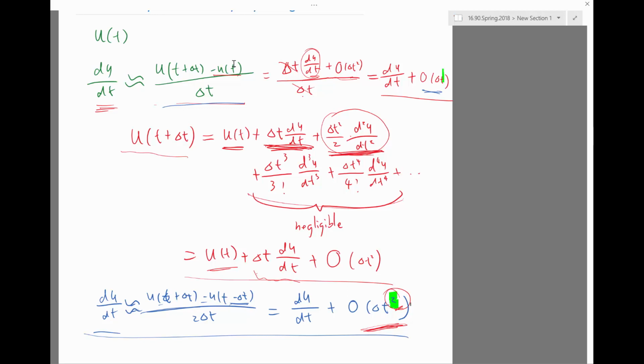And if you look at the Taylor series analysis for this, it doesn't assume this is negligible anymore, but it assumes this term is negligible. So effectively, we are truncating starting from here. We're truncating the Taylor series.